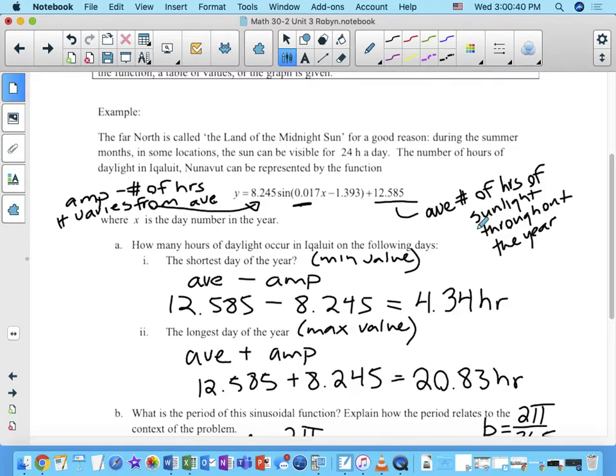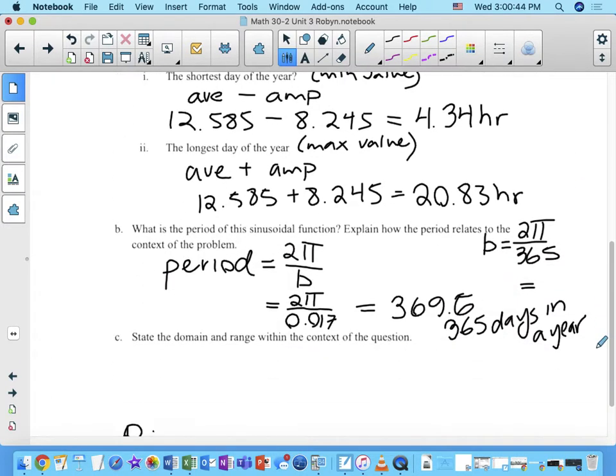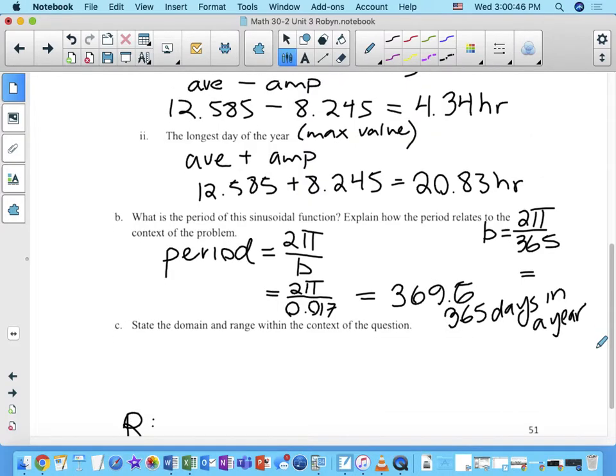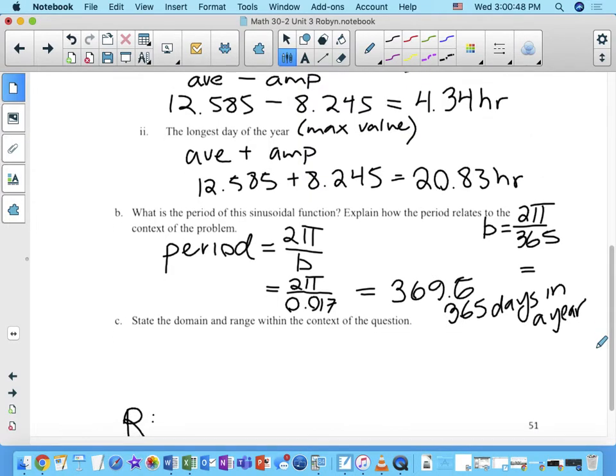Okay, so if we're looking at our range, what's the minimum number of hours of sunlight? What's the maximum number of hours of sunlight?